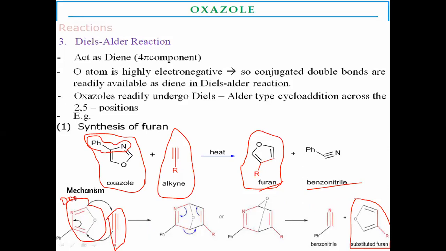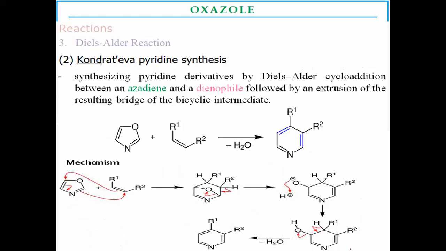That's why it is called the Diels-Alder reaction. The cyclization is followed by liberation of the benzonitrile and formation of the substituted furan. This is another reaction part with oxazoles. Another example is in Diels-Alder type reactions.